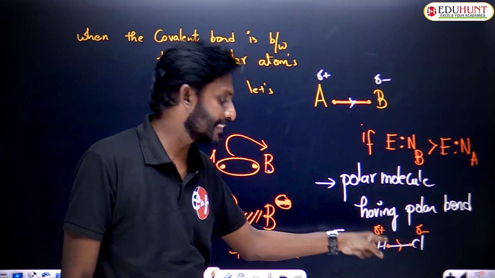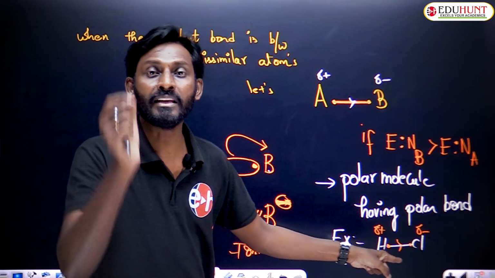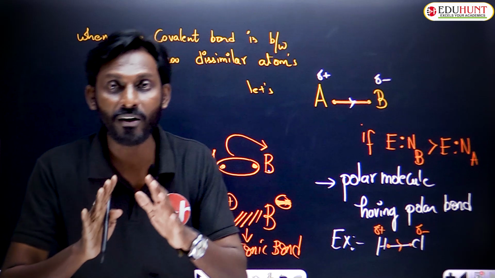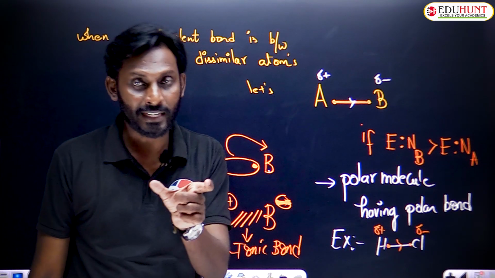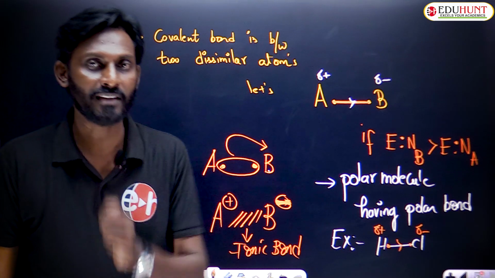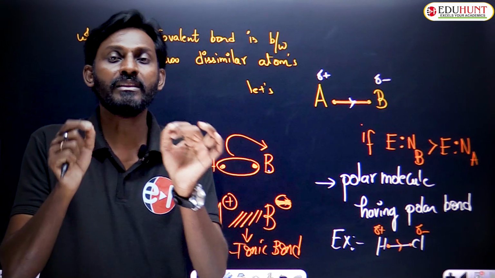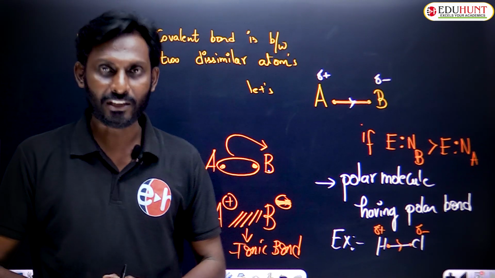So you can take this as a covalent bond with some percentage of ionic character. Covalent bond having polarity means it's a covalent bond with some percentage of ionic character. Now you know what is polarity, what is a polar bond and a polar molecule.